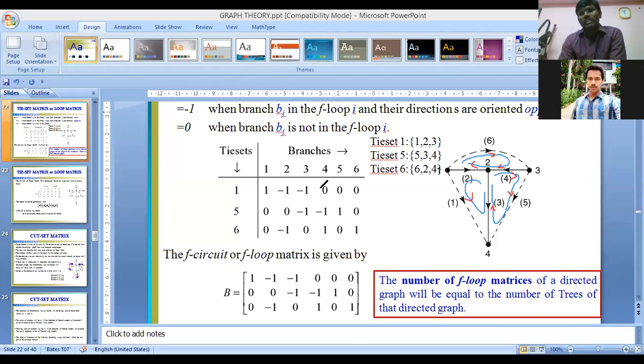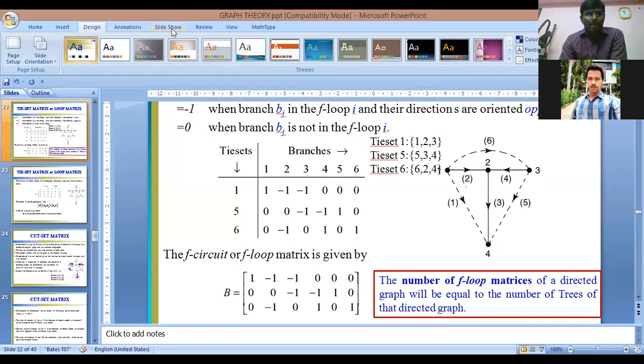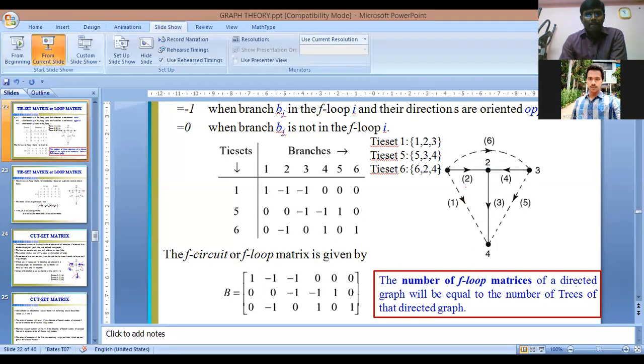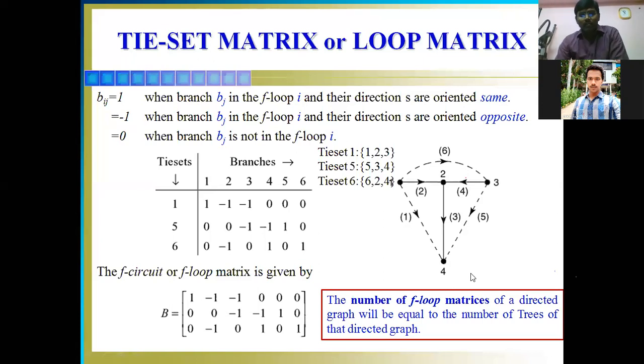But if you change the tree, the elements of the matrix also change.